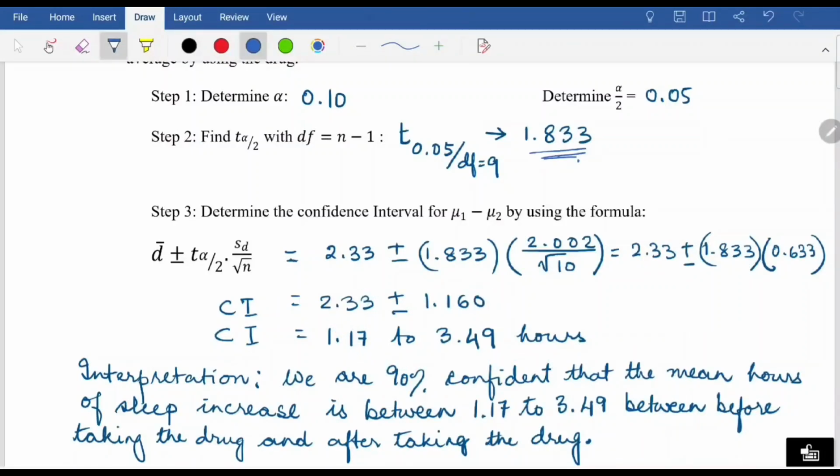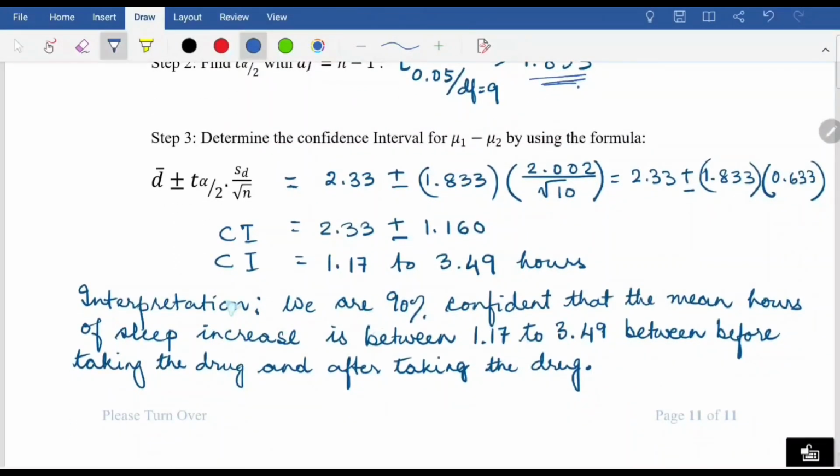Both ends have the same sign, positive. That tells us that mu 1 is greater than mu 2, and that agrees with our decision from the null hypothesis test as well. Now the interpretation, again, is a confidence interval interpretation.